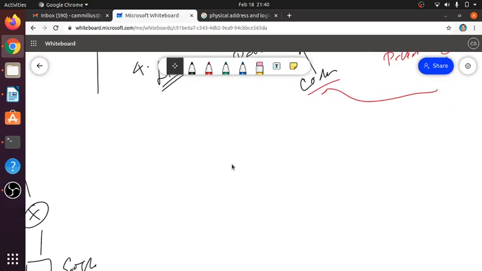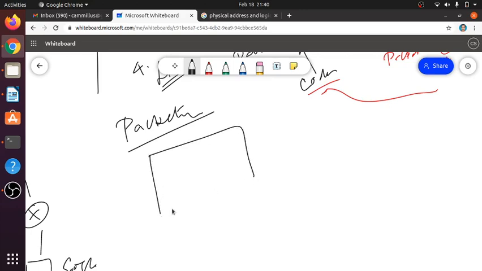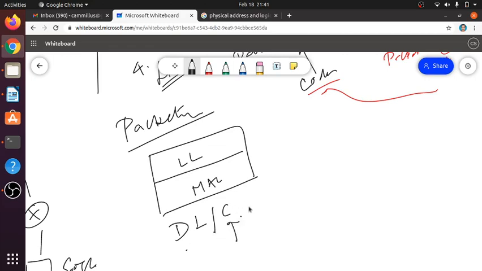Next is the information relevant to packetizing. Normally when we speak of the data link layer, it actually has two different types, MAC and LL. Since it has a management policy, we call it DLC, data link control.